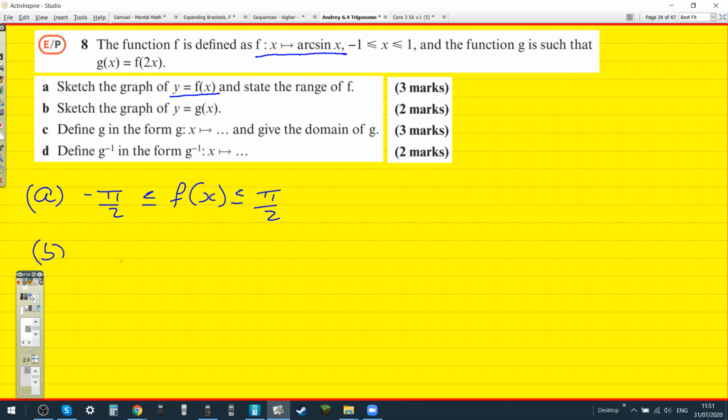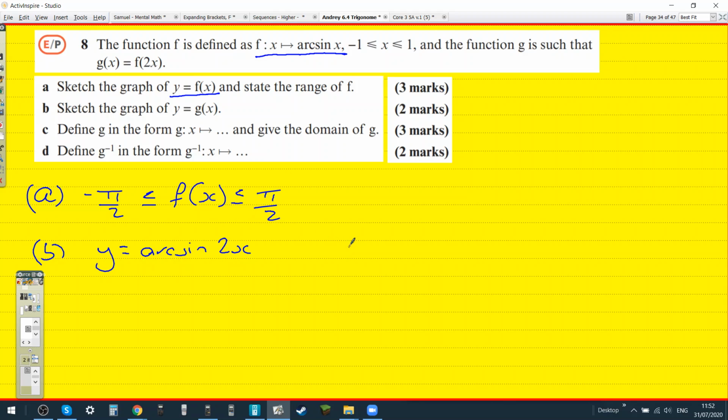No. So what type of transformation is it? Oh no, it'll be sine 2x. Yes. Sine 2x. Is it? Yes. It is.